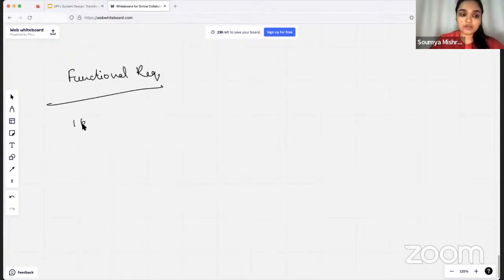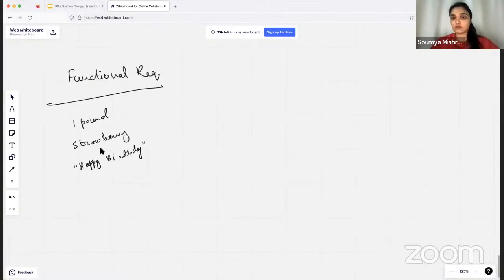The cake needs to be of 1 pound. It has to be of the strawberry flavor. And happy birthday needs to be written. Okay, this is the functional requirement.